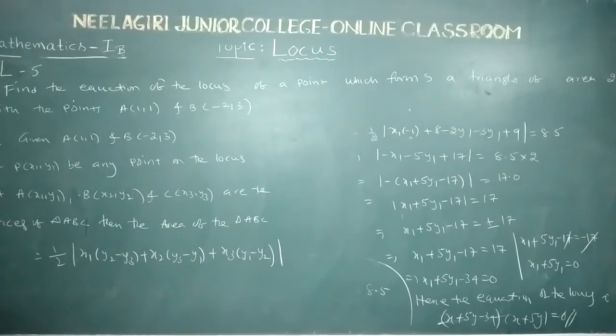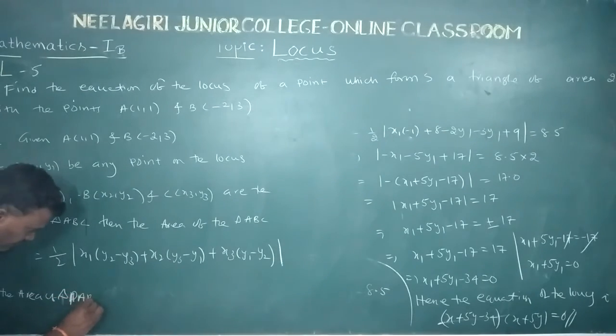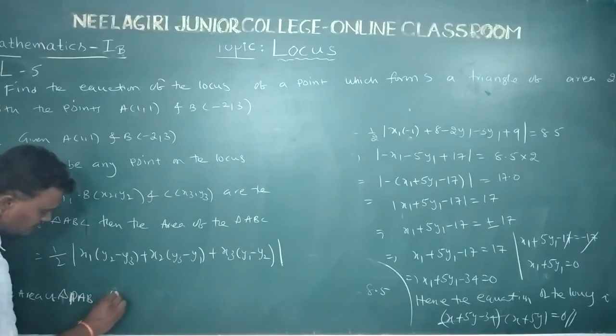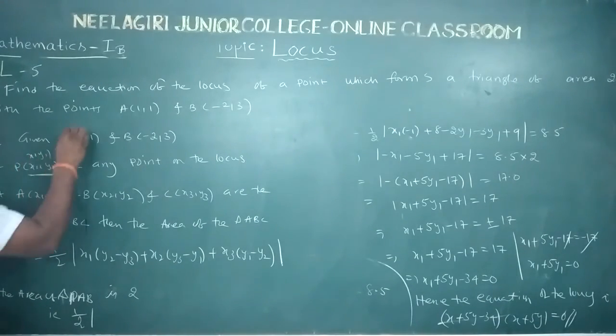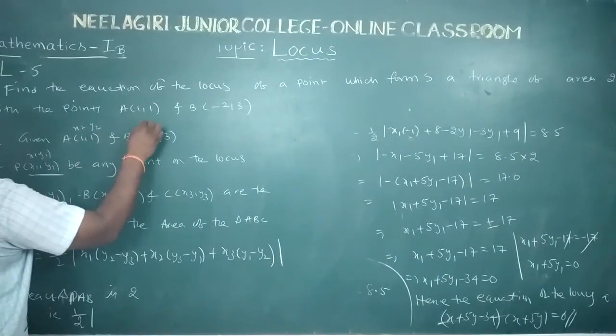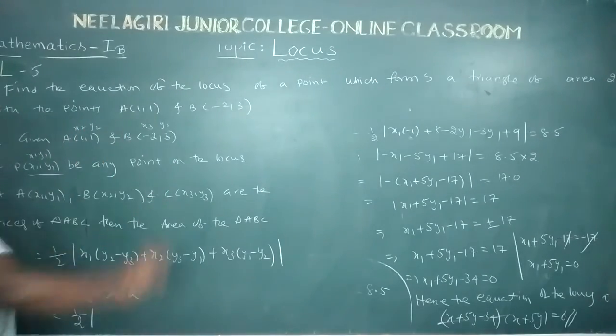The area of the triangle PAB is 2, that is half into, now consider this is the x1 y1, x2 y2, x3 y3.